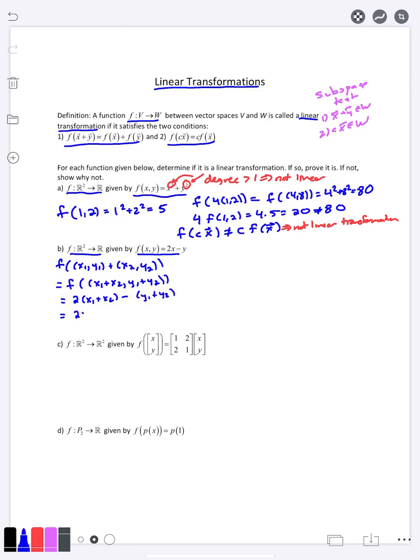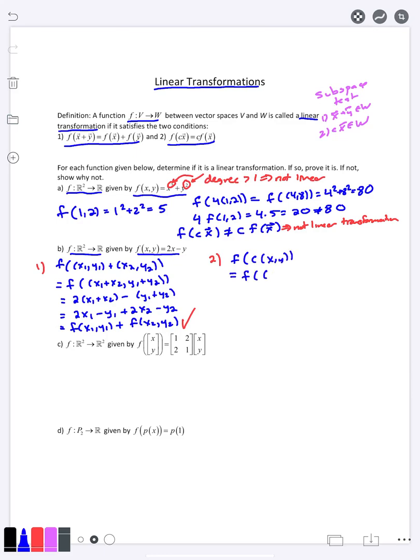And if I just distribute and rearrange things here, I get this, which is the same as f of (x1, y1) plus f of (x2, y2). So what this does is it shows you that condition 1 is true for this function. Now we need to check condition 2. So I'm going to do f of some constant times (x, y).